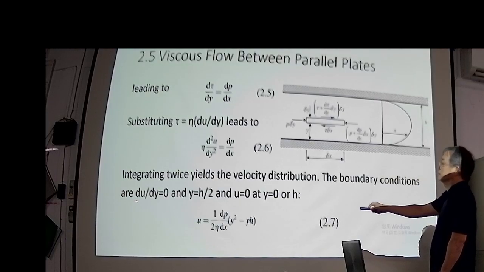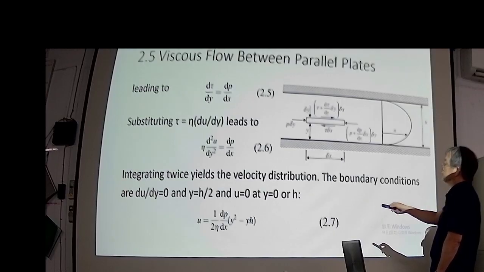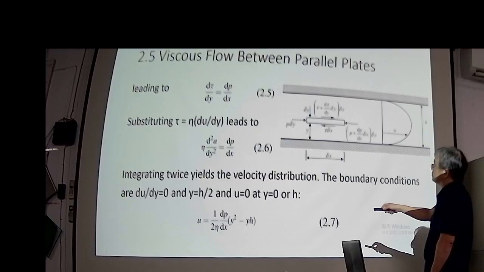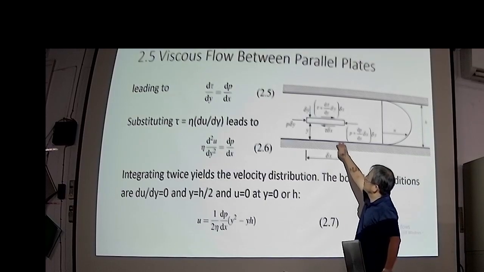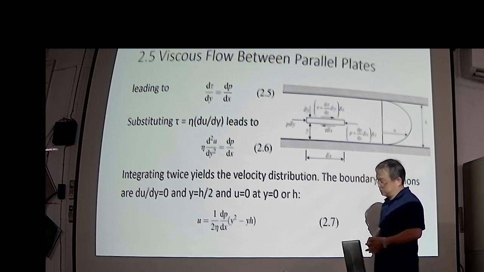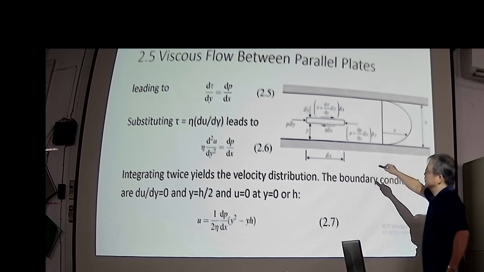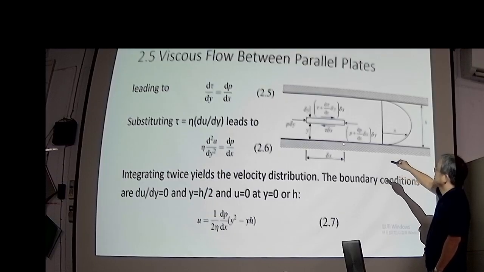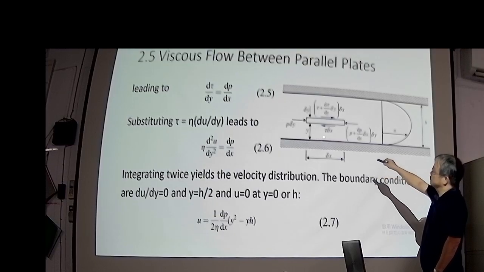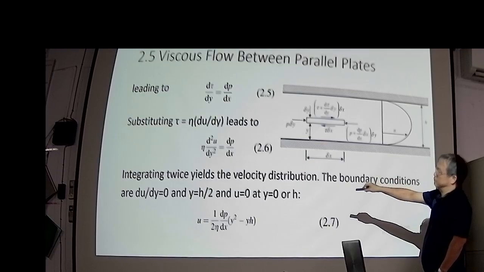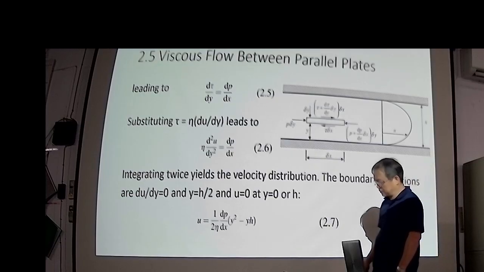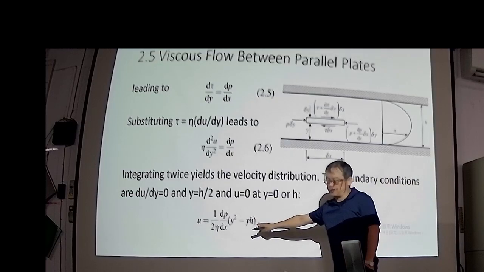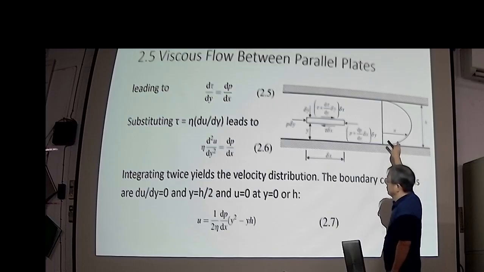The first one is the first boundary condition. The second boundary condition is that at this fixed plate, y equal to 0, you have a zero velocity. Okay? So in this case, you have this pressure distribution for your viscous flow.